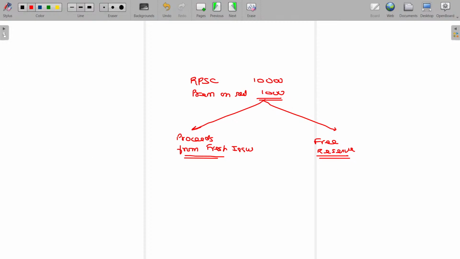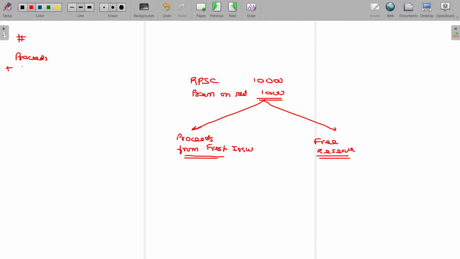After the redemption, you have to cross verify: proceeds and CRR should match with the face value of redeemable preference share capital.